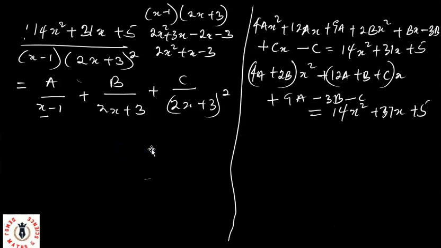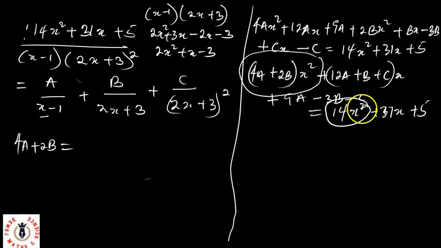Let's remove some of this to create some space, so that we can conveniently collect like terms. We can now equate coefficients, so from here we can say that 4A plus 2B will be the same thing as everything that has x squared, and I will equate them to 14.